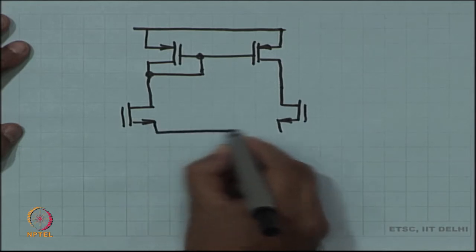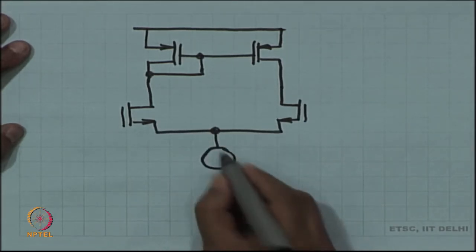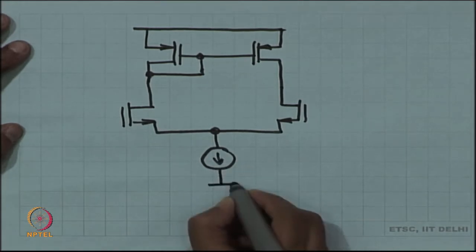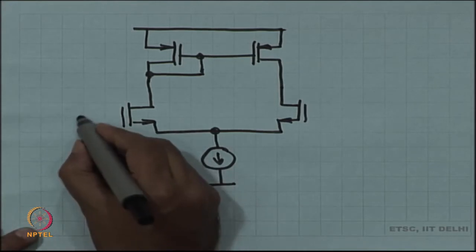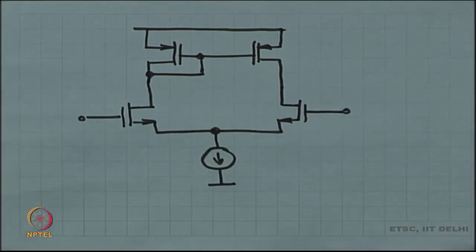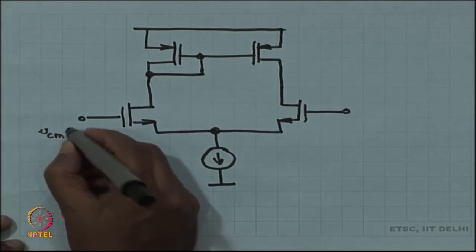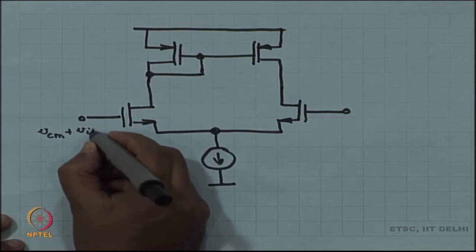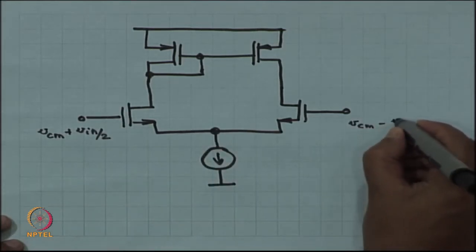This was the circuit we were discussing, and let us assume that the tail current source is an ideal current source. We applied at the two inputs some common mode plus V in by 2 and the same common mode minus V in by 2.